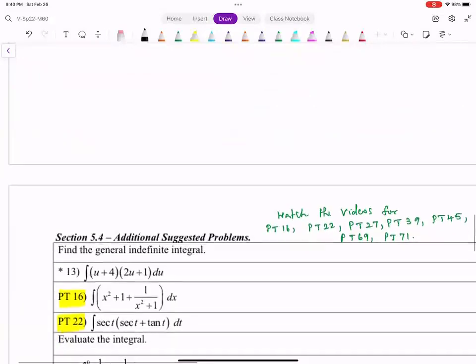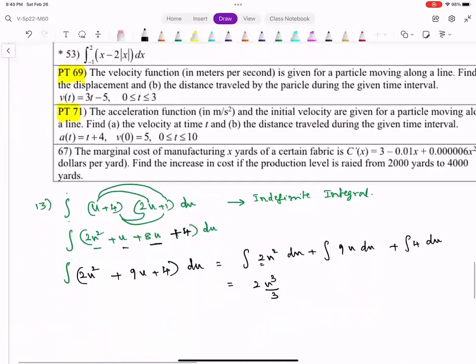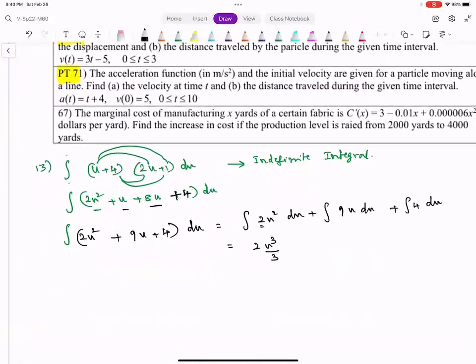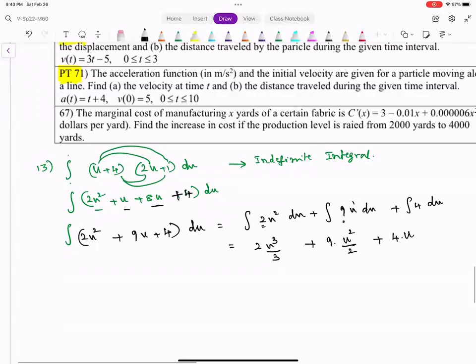So integral of u square is u to the exponent plus 1 over exponent plus 1. 9 is a constant which can be taken out, and this can be written as integral u to the power 1. So it is u square over 2, then 4 integral 1, that will be just the variable u.